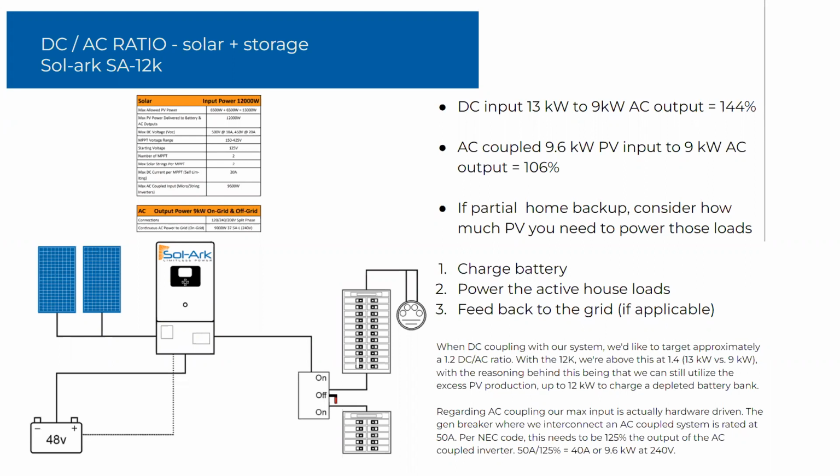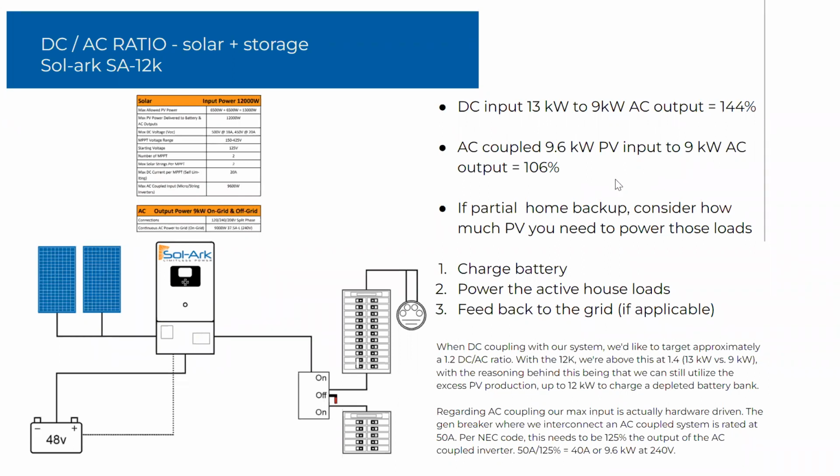Once you determine that, you can say, okay, the number of loads is going to dictate the kilowatt power size of my inverter, and the duration these loads will run is going to dictate my kilowatt hour battery energy size. Then you can work backwards from these kilowatts and kilowatt hours into how much PV you would need in order to charge this.